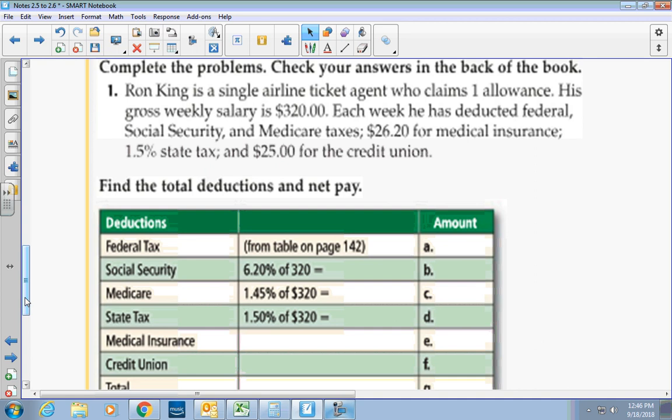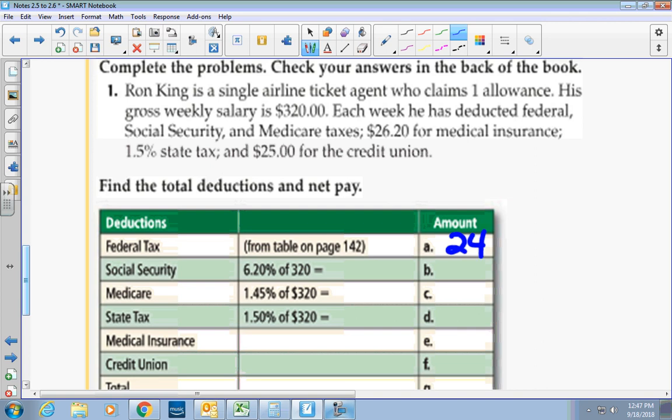Single 320, and we're going to hop over to 1 exemption, and what number is that? 24. If you're looking in the 0, that's 34. You hop over 1 more to get to the 1, and that is 24. Now we're right.